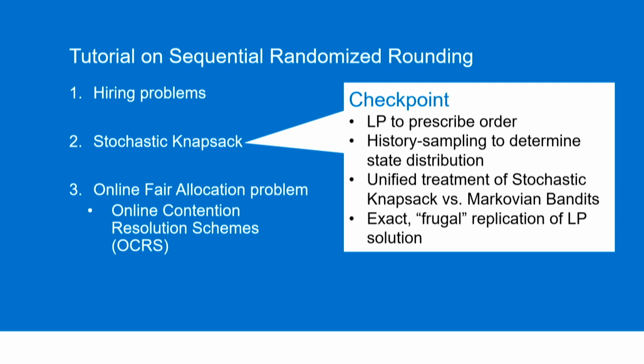And that's what caused me to have to even do this state distribution. We're now going to see this again in the online contention resolution scheme problem, this idea of exact frugal replication of the LP solution, where I want to follow some scaled version of the LP solutions, no more, no less.